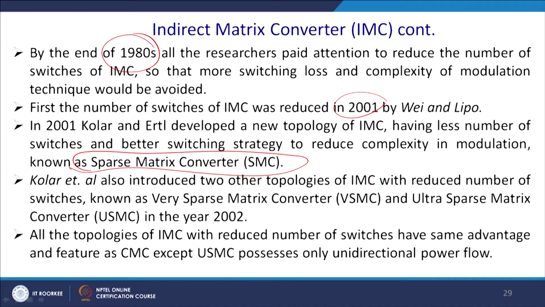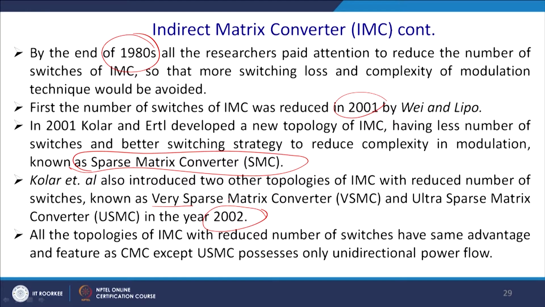Kohler et al. also introduced two other topologies of the IMC with a reduced number of switches, known as the very sparse matrix converter. These are some derivatives of the sparse matrix and the ultra sparse matrix in 2002.